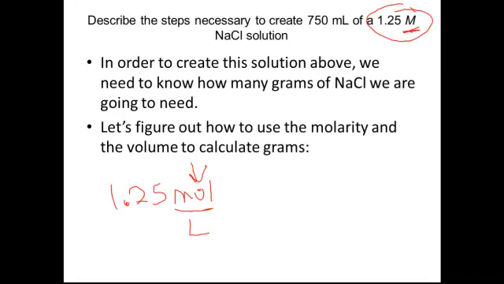So the first thing we're going to do is take our molarity and multiply it by the volume of our solution. Now this is liters down here, so our volume also has to be in liters. I'm going to move my decimal point 3 spaces to the left.